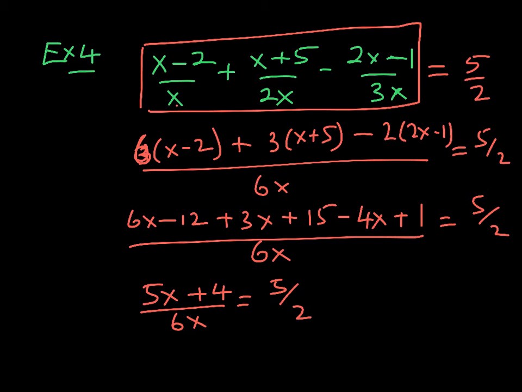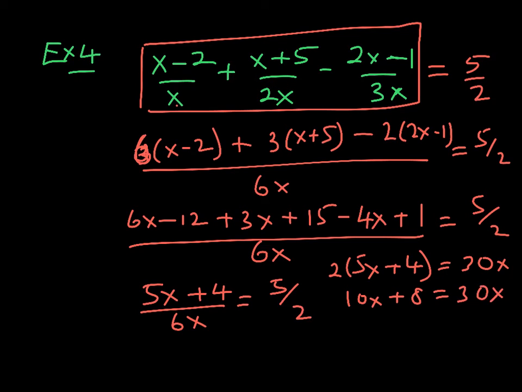Now cross multiply, so this becomes 2 into 5x plus 4 is equal to 30x. So this becomes 2 times 5x, 10x plus 8 is equal to 30x.